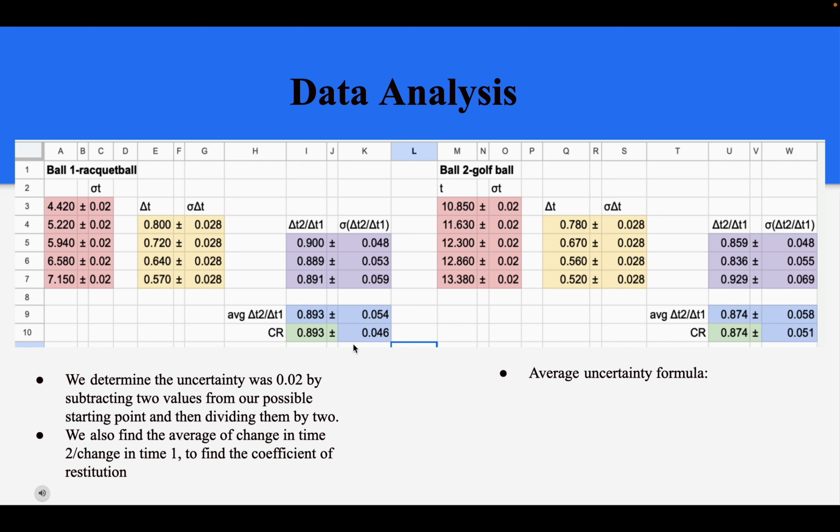Now, in order to find the coefficient of restitution, which would be the same as the average of this division of delta time 2 over delta time 1, we found that the coefficient of restitution was 0.893.